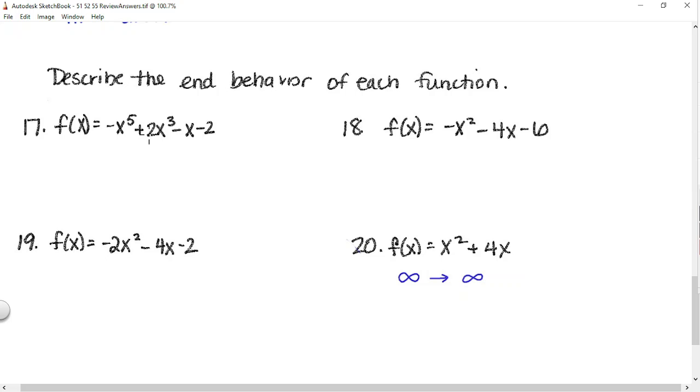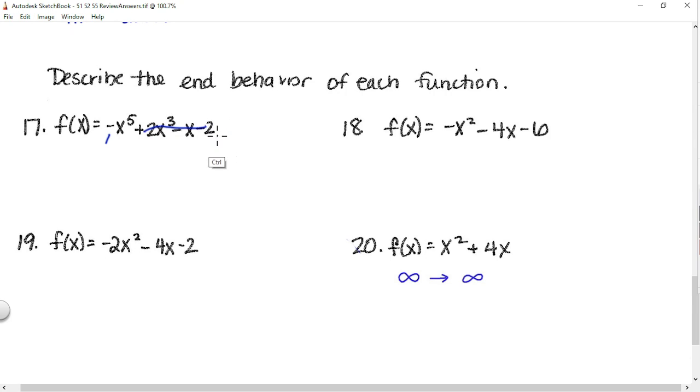So you look at that term. Again, you can ignore these others. This is in standard form, so our biggest exponent is 5. And the rule for this one is, you look at whether the exponent is even or odd, and you also look, is the term itself negative or positive?